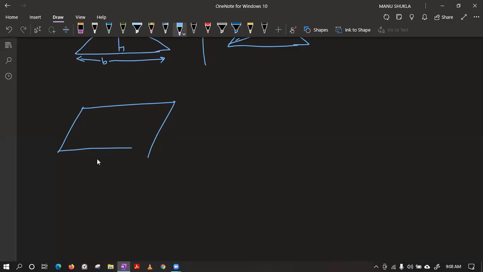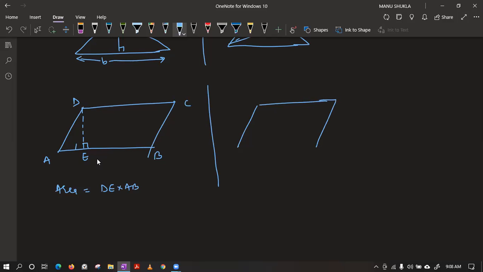So what I was trying to say is, if the parallelogram is ABCD and you are taking DE perpendicular, then you will say area is given by DE into AB. But in the same figure, if you take the perpendicular as DF, then what will be the area?